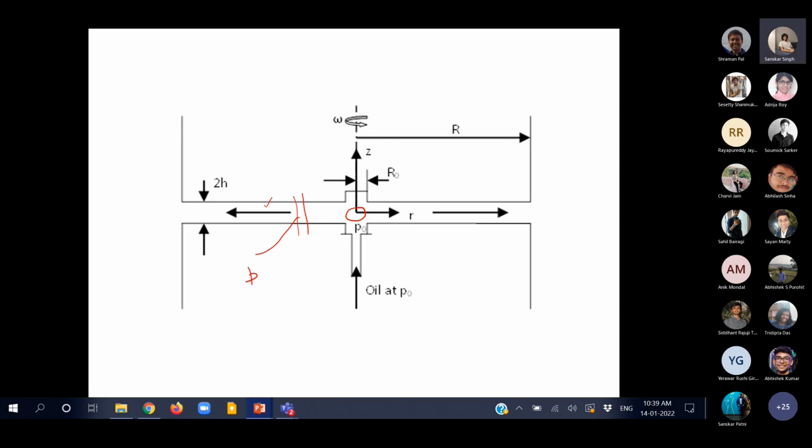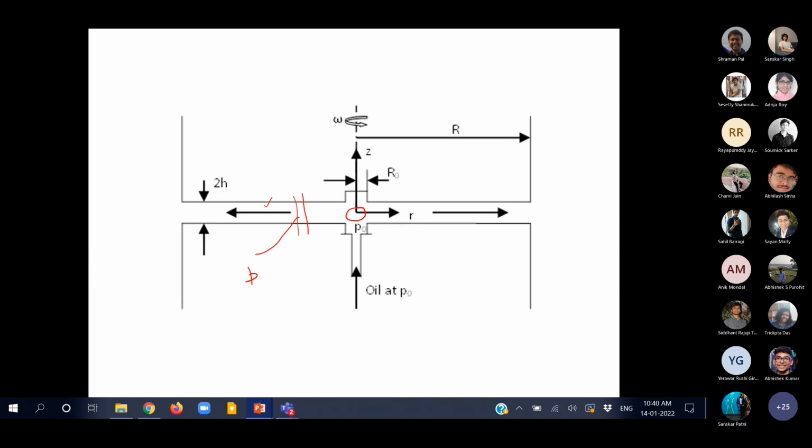But yes, we did not account for the load from 0 to R naught. So what would that expression be? The contribution from that area would be P naught pi R naught square.